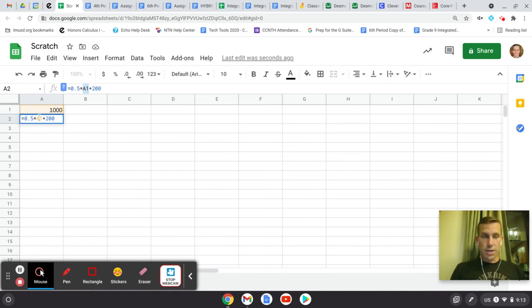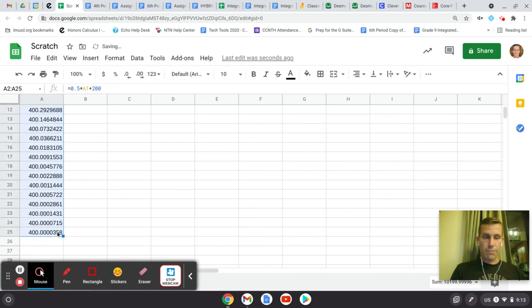So in Google Sheets, if you have a reference like this, A1, you can click on this little blue square in the bottom right-hand corner of the cell, click and drag down. So I clicked, I'm dragging down to like row 25.